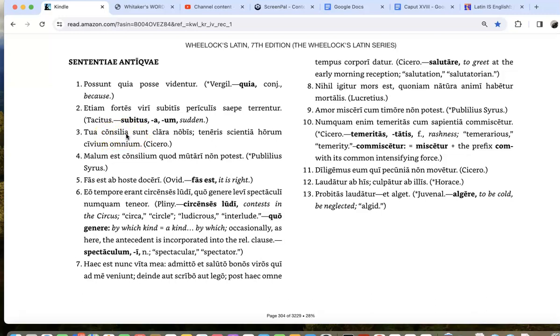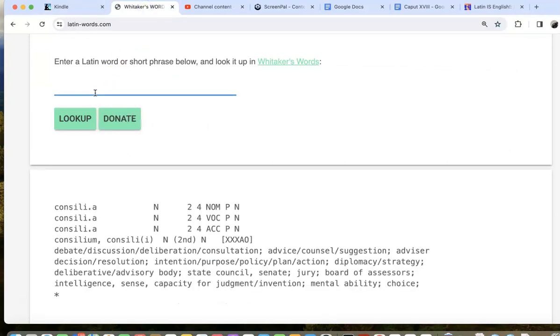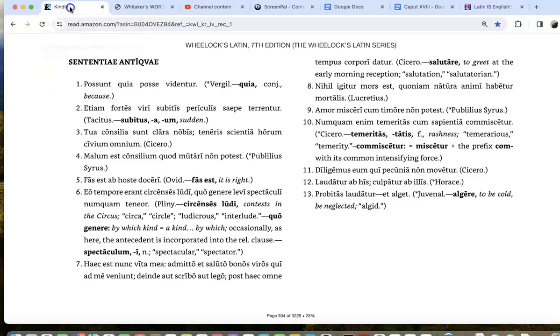What's important for this one is consilia is a neuter noun coming from consilium, hence reinforcing the fact that you need to look up the vocab here. You can see this could mean a lot of things. I tend to interpret this as plans, but it does have an active or action component to it. But this one is a little bit tricky to translate. Only the context will help you with that.